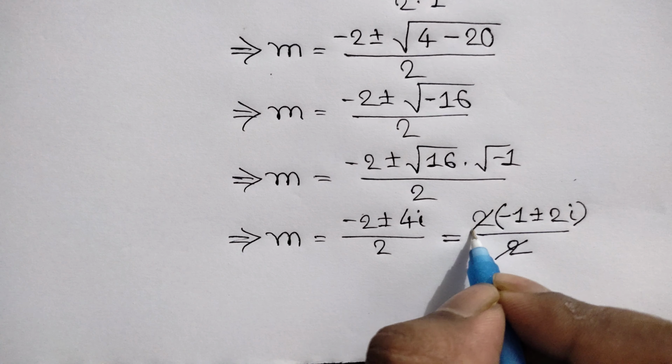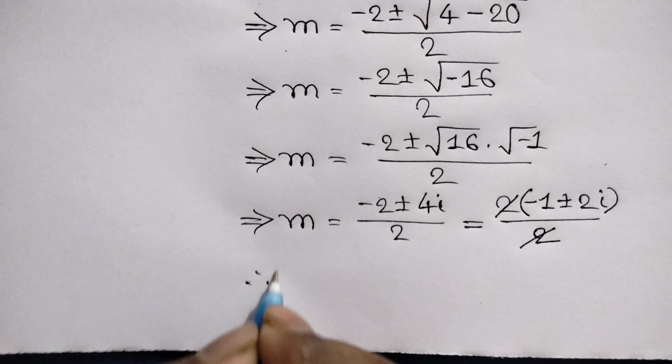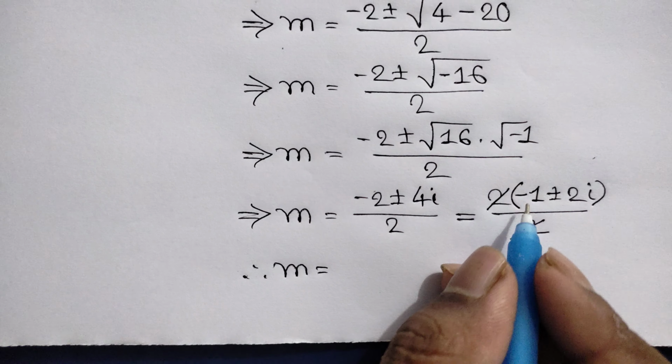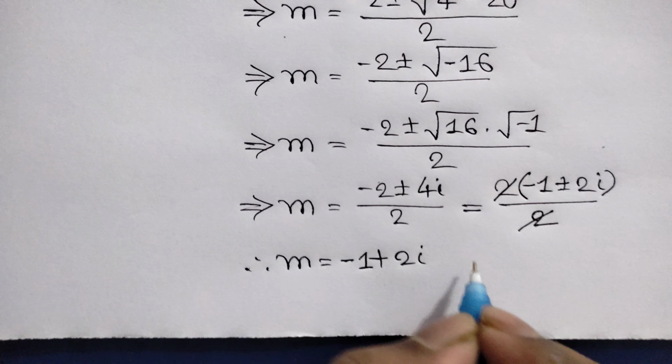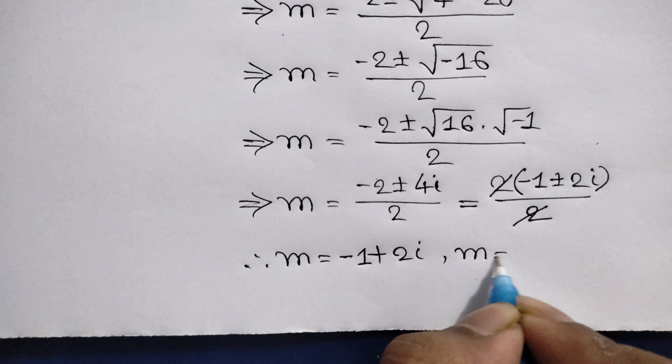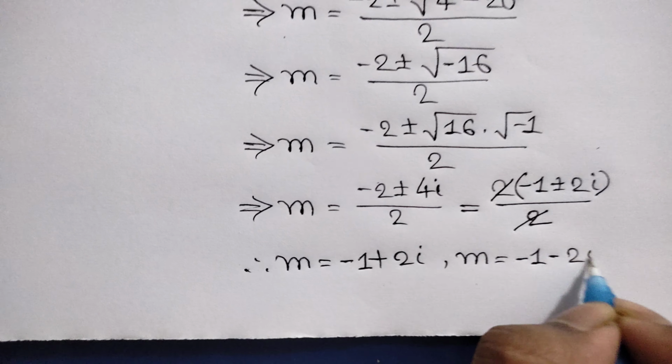Now these two cancel out these two, so there are two values of m, so m is equal to negative 1 plus twice i, and m is equal to negative 1 minus twice i.